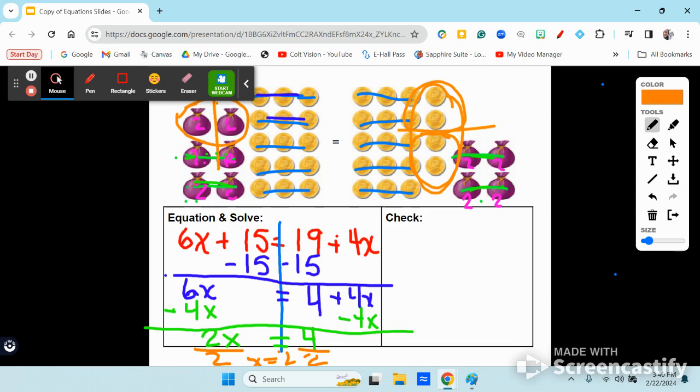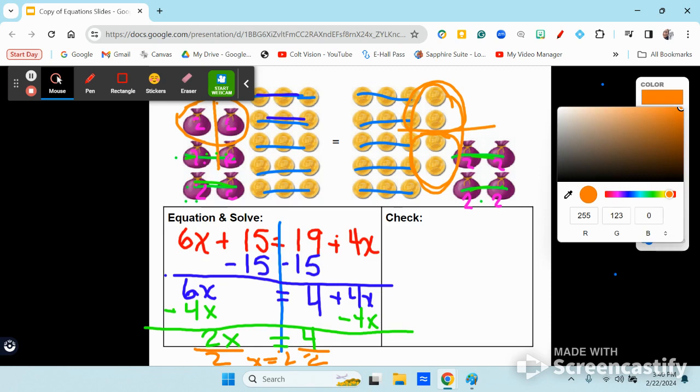We also talked about being able to check your answer, because we're not always going to have a picture to check, so we need another way. How we check our answer is we use RSS. We rewrite the original equation: 6x plus 15 equals 19 plus 4x.